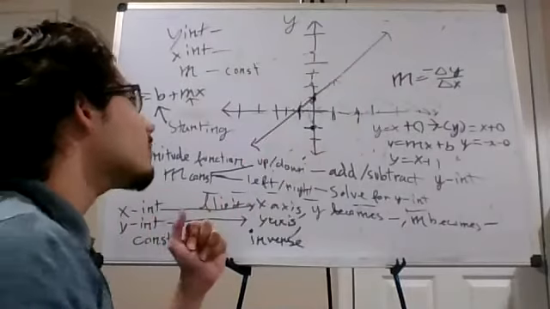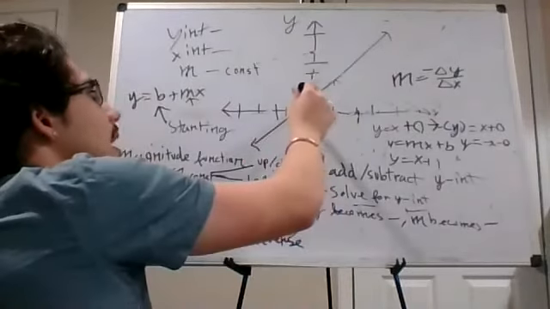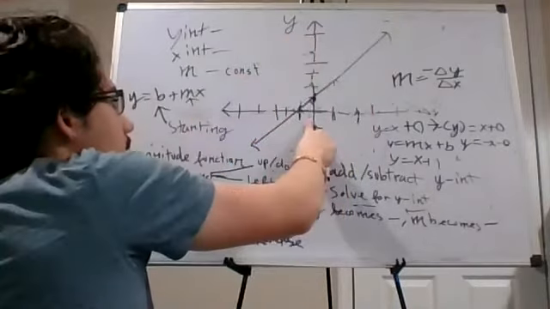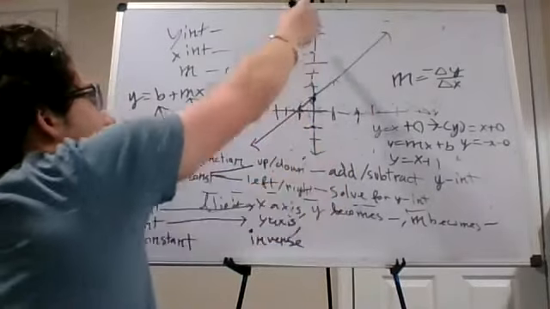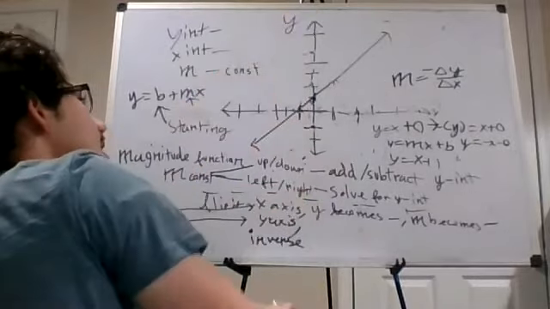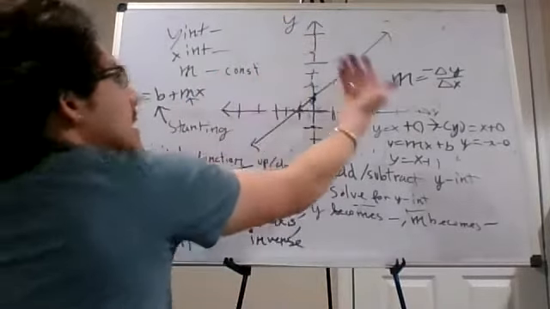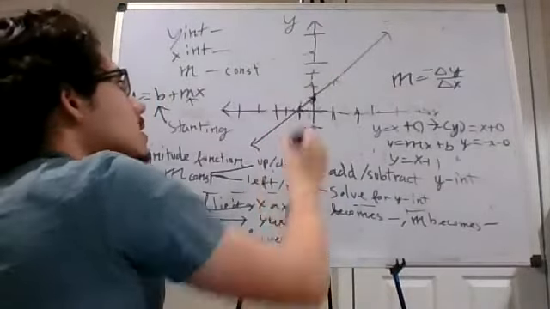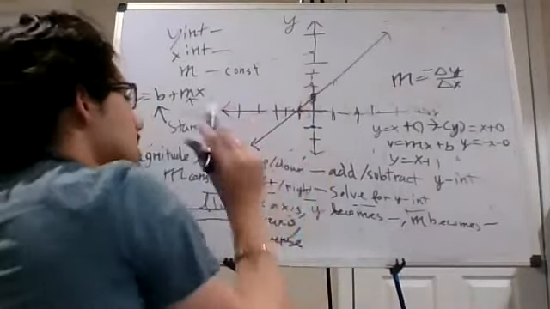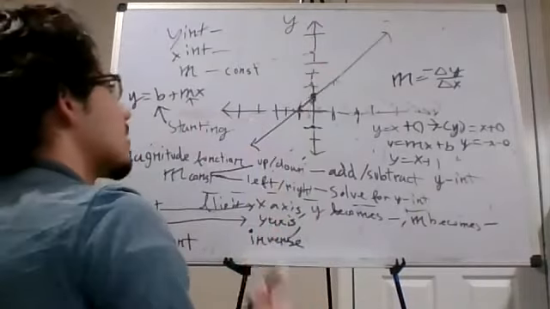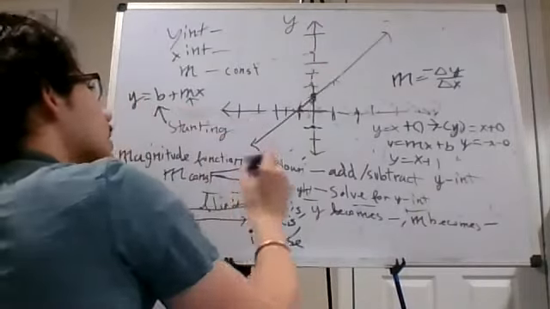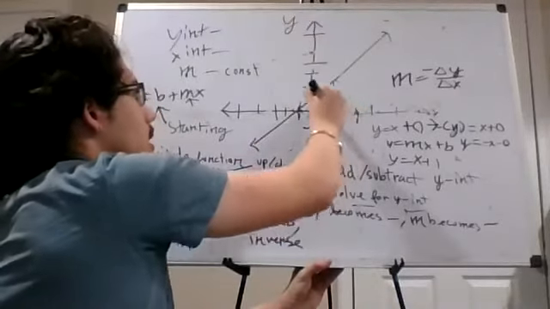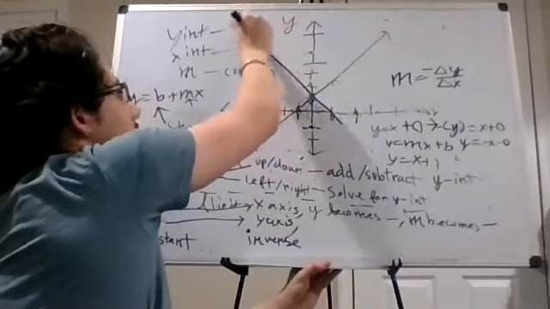Last time we said that we don't change the x-axis when we flip top to bottom. This time, since we're flipping over the y-axis and going side to side, the y-axis doesn't change. So our y-intercept will stay the same, as we said from here. So our new function will look like this.